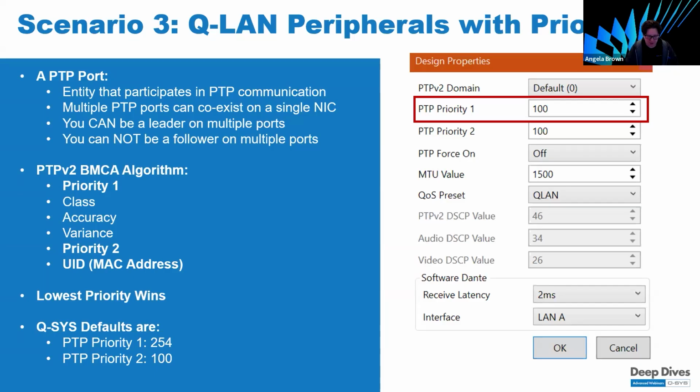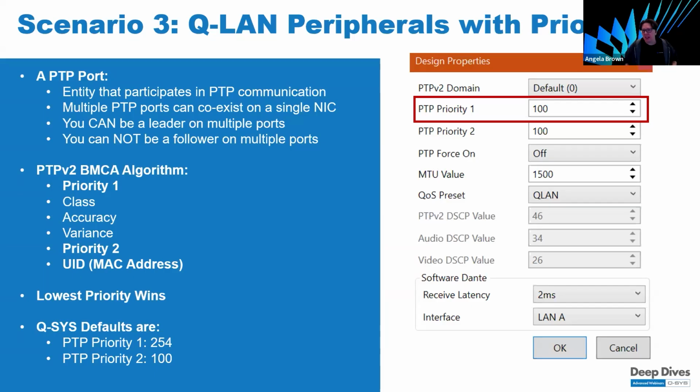So one number to be aware of is 127. That's kind of the number of doom, just to tell everybody. 127 is the default PTP value for PTP-v1 devices that are trying to talk to PTP-v2. If on the PTP-v1 side they are the clock leader, they're going to essentially have a PTP priority 1 value of 127.